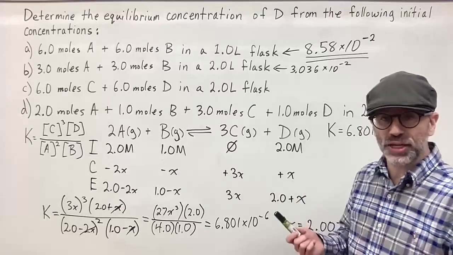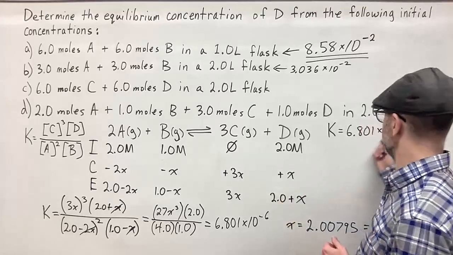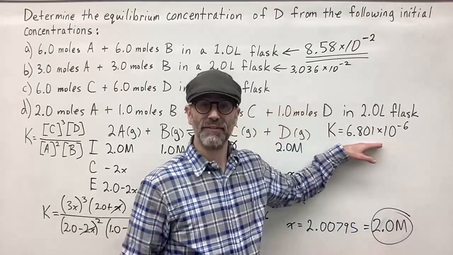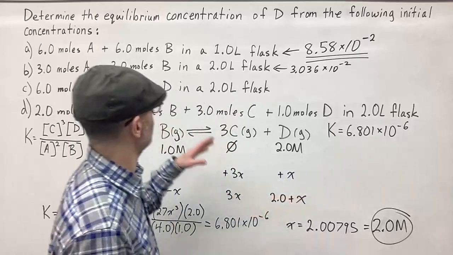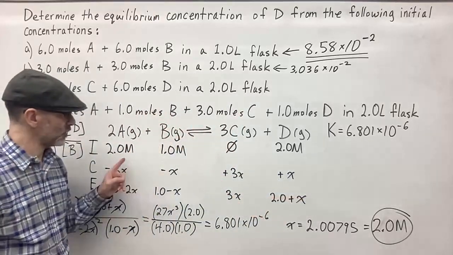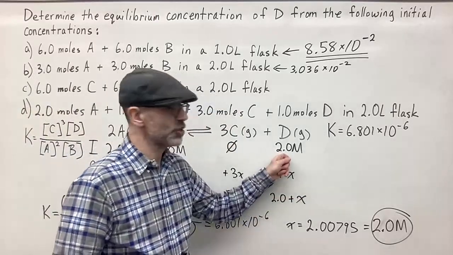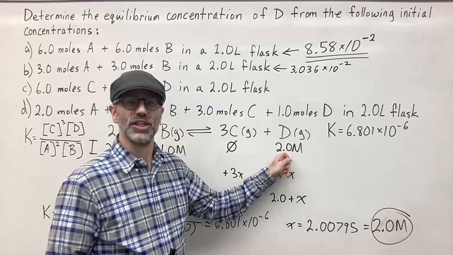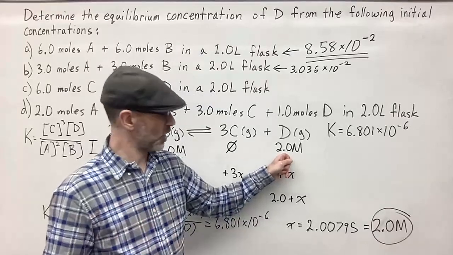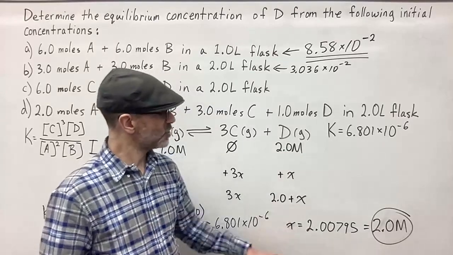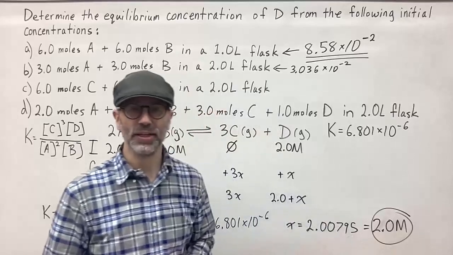If we assume that x is negligible because of the smallness of your K value compared to the starting concentration, it makes sense that your initial concentration is going to be the same as your equilibrium concentration. And so that's what we calculated.